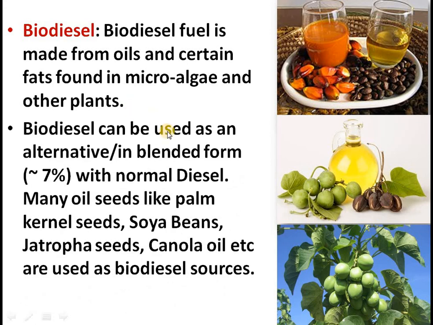Biodiesel can be used as an alternative or in blended form with normal diesel. Many oil seeds like palm kernel seeds, soya beans, jatropha seeds, canola oil, etc. can be used as biodiesel sources. These are all very interesting information, and you can imagine the coming centuries of biofuels.